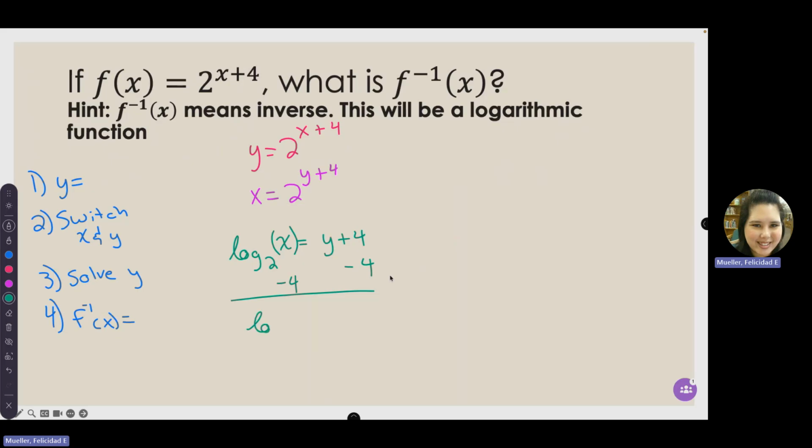And we get log base 2 of x minus 4 equals y. Y is by itself, so my final answer is f to the negative 1 of x equals log base 2 of x minus 4 is what my inverse function would be.